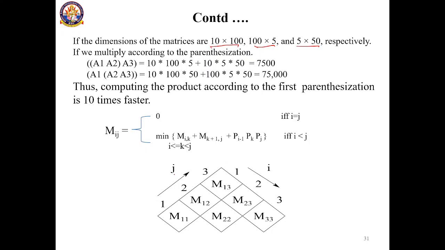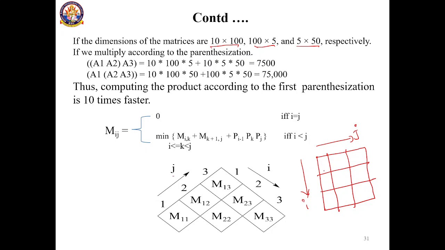My dear, here don't confuse the j and the i. My actual table is this one: this is the i and this is the j. So 1 1, 1 2, 1 3, 2 2, 2 3, 3 3.